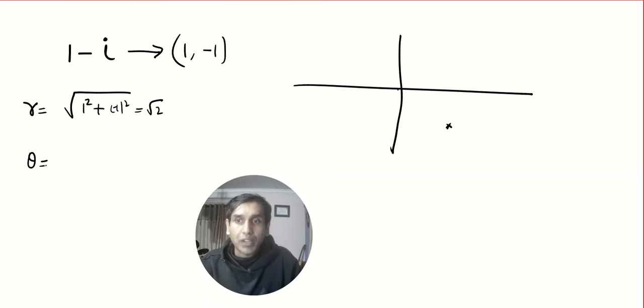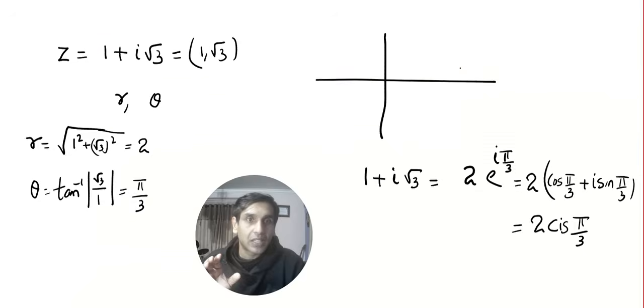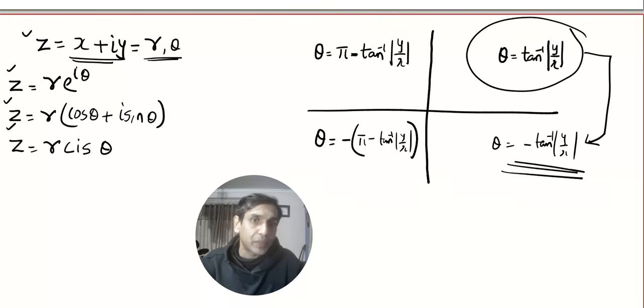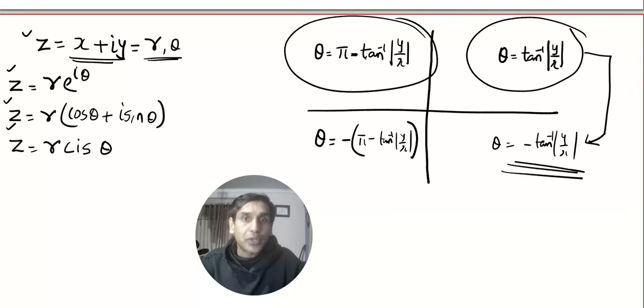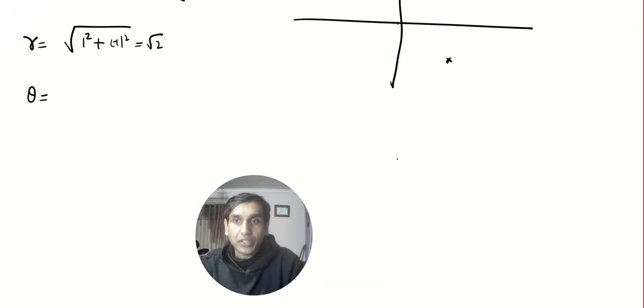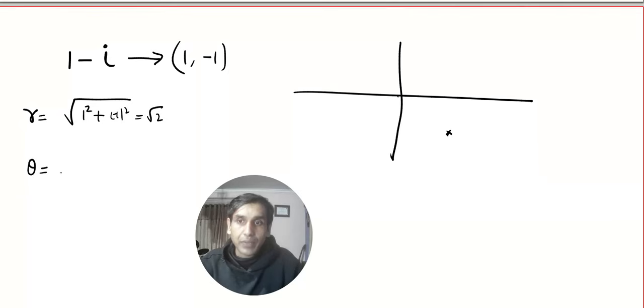So r is equal to root under 1 square plus minus 1 whole square, that will be root 2. And theta will be, I told you, all you have to remember is theta is tan inverse mod y by x, and just below it will be the exact negative. In the second quadrant, you have to remember pi minus, in the quadrant below, it will be the exact negative. So theta will be minus tan inverse positive value of y divided by x.